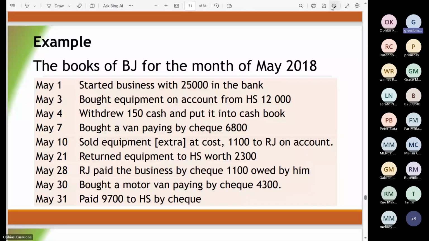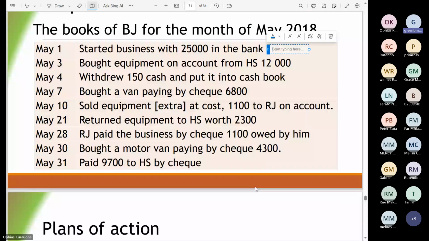On 21 May, returned equipment to HS worth 2.3. On 28 May, RJ paid the business by check 1.1 owed by him. On 30 May, bought a motor van paying by check 4.3. On 31 May, paid 9.7 to HS by check.